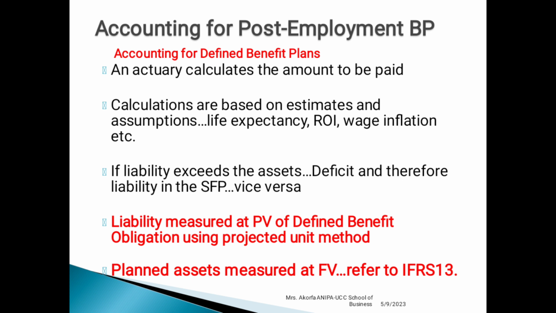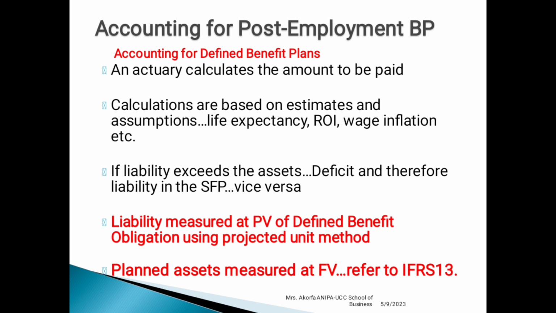So, accounting for defined benefit plans. An actuary calculates the amount to be paid. Calculations are based on estimates and assumptions: life expectancy, return on investment, that's ROI, wage inflation, etc. If liability exceeds the assets, it is a deficit and therefore a liability in the statement of financial position, and vice versa.